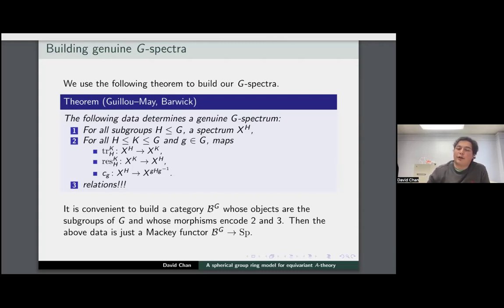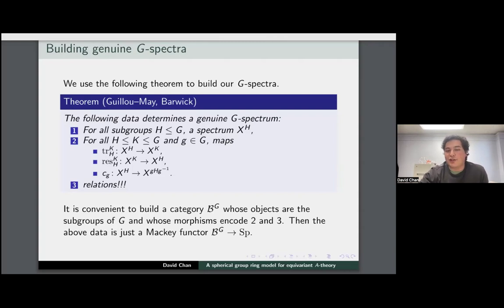If you remember the Mackey functors from before that I was mentioning earlier, this is saying that I should take Mackey functors in spectra. These functors are exactly Mackey functors. If you take functors from this category BG into abelian groups, this is what Mackey functors are. And if you take functors from BG into spectra, the claim is that this is equivalent to genuine G spectra.